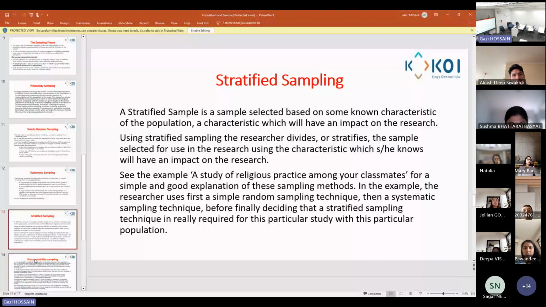So still it is probability sampling, but we are not using simple random sampling, or a system. We are using some characteristics of the population, and those characteristics are related to our research.